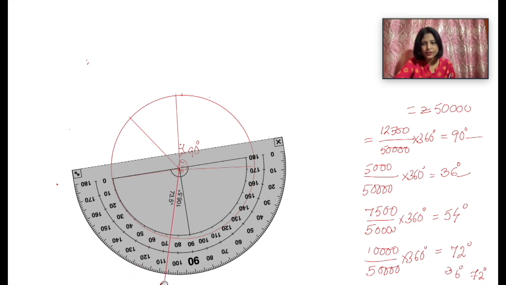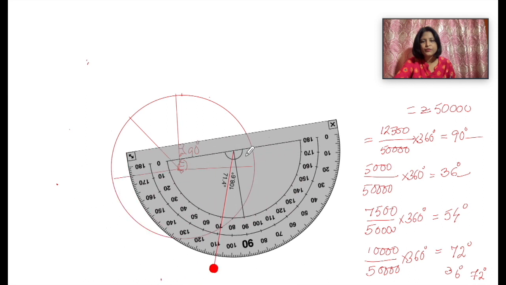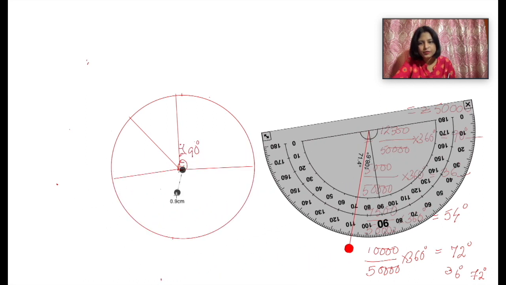So 72 degree I can see here, 71 and 72. So the point is somewhere here. Okay, so we have the point somewhere here. So if I remove the protector now, so here this is the fourth sector over.